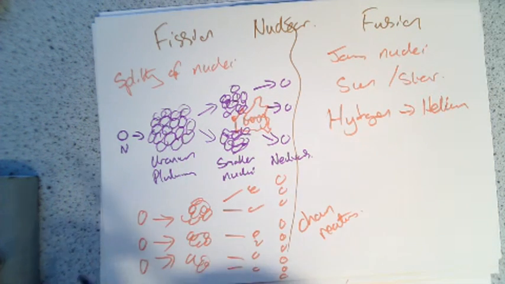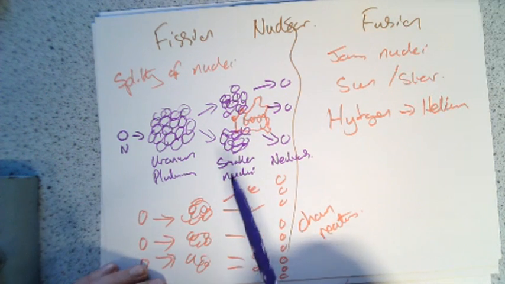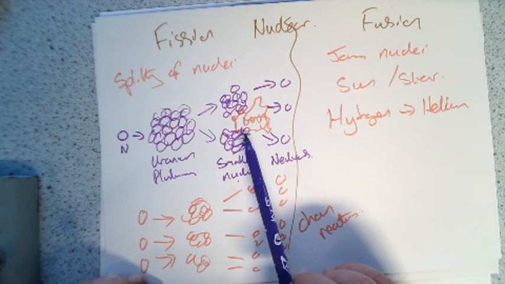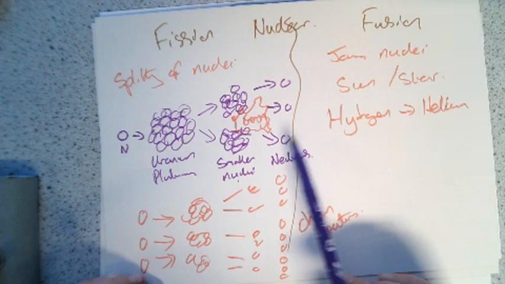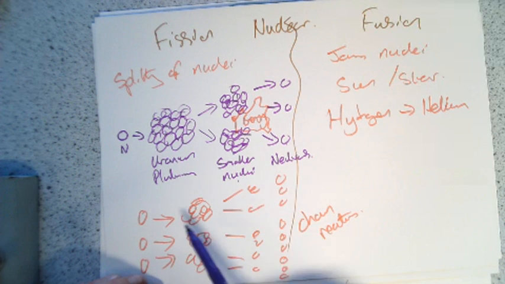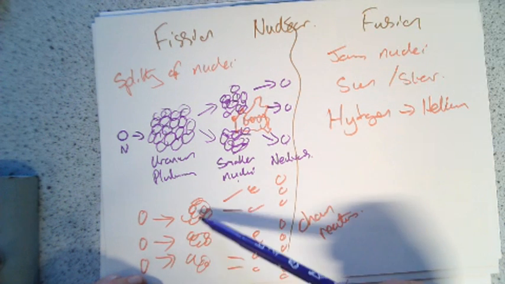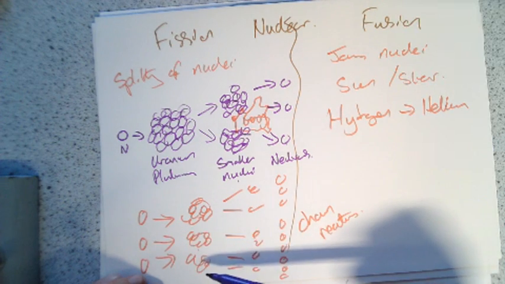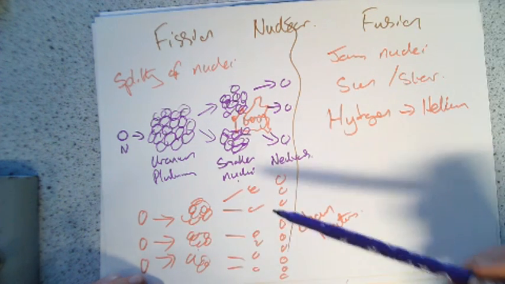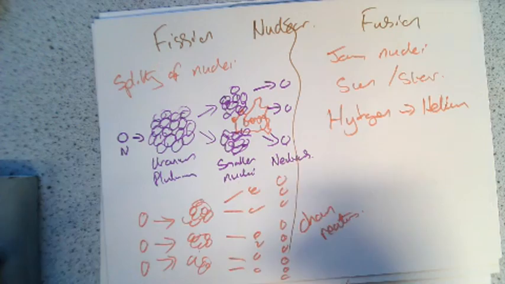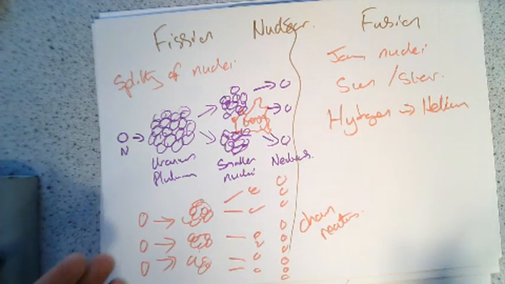This makes it even more unstable. It splits to form 2 smaller nuclei, at the same time releasing a large amount of energy and 3 more neutrons. Those neutrons can then go on and continue the reaction by hitting more uranium nuclei, which then cause them to split and therefore produce more neutrons, and it becomes a chain reaction.